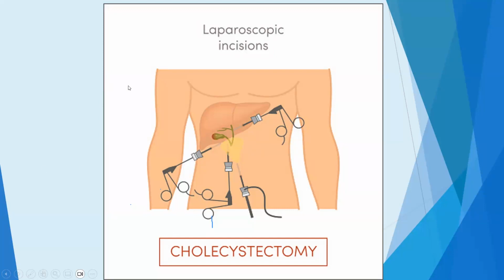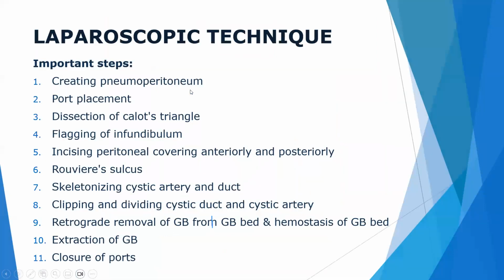The technique is again creating the pneumoperitoneum. Generally in the adult population, a CO2 pressure of 10 to 12 millimeters of mercury is created. Port placement I have just shown. The rest of the steps are quite similar to the open technique: dissection in the Calot's triangle and identifying the structures, especially the cystic artery and duct, then skeletonizing and clipping, and then dissection of the gallbladder from its bed.